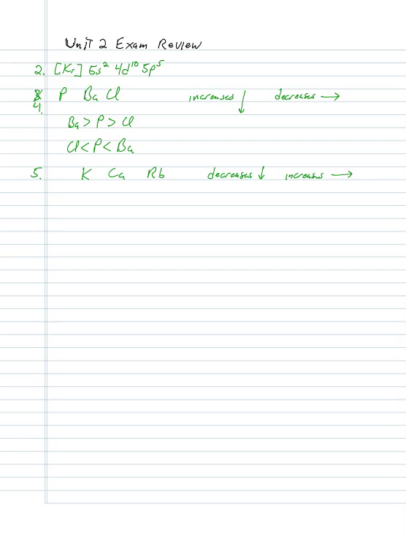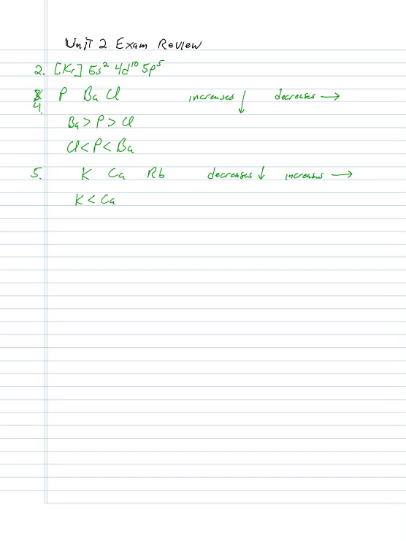If we compare those first two, potassium and calcium, they're in the same period. Potassium is to the left of calcium, which means potassium is going to be less than calcium, because it increases as you go from left to right. Then we compare rubidium, which is right below.